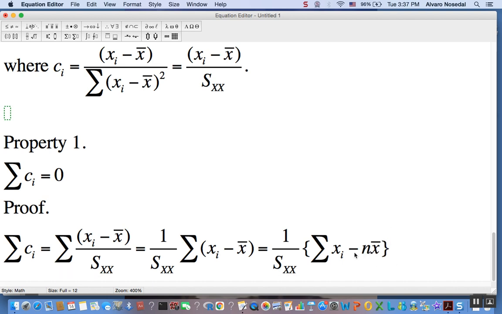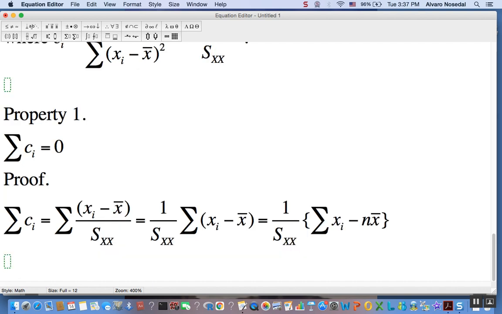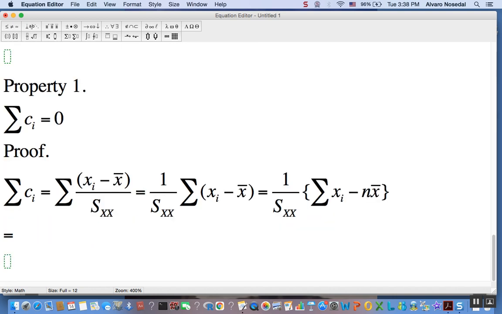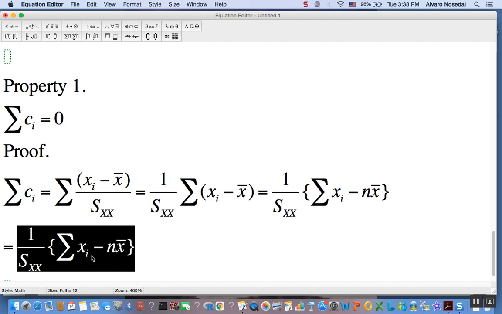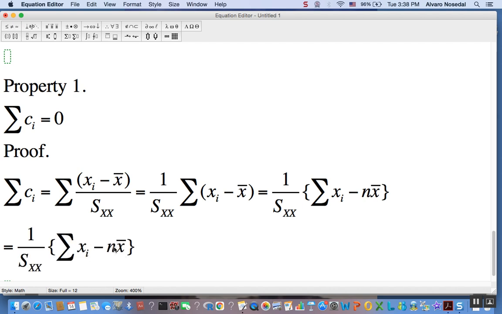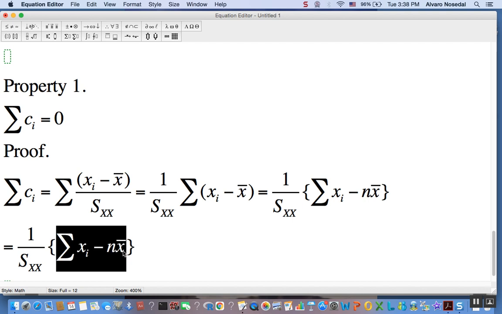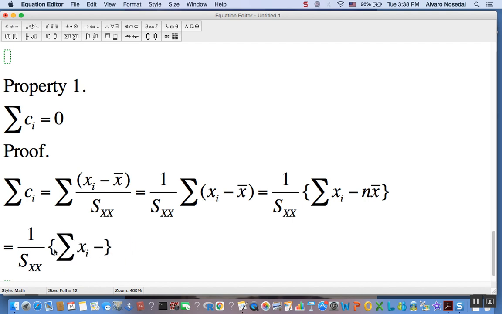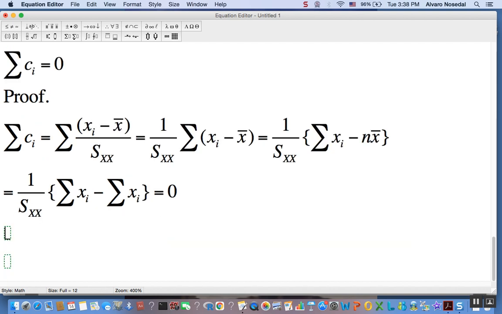But n times x bar is the same as the sum of the xi's, right? Zero. So we're done. Make sense?